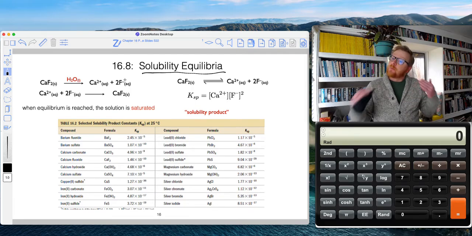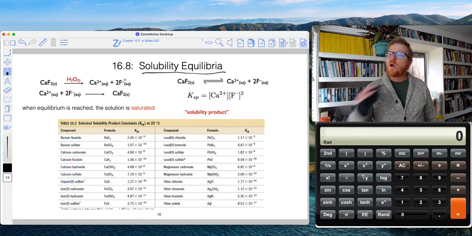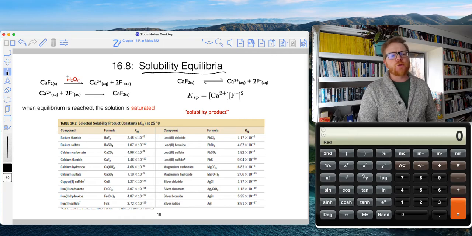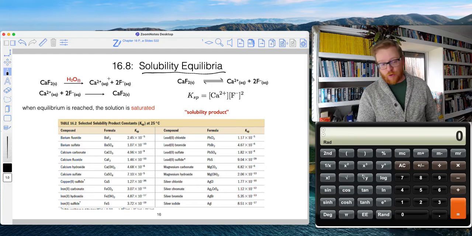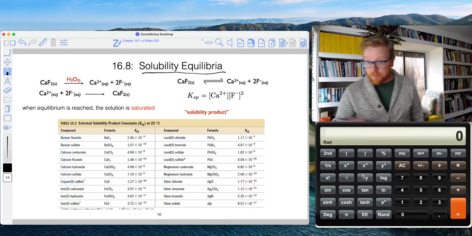Okay. But now we can put some quantitative numbers on that. We expect a precipitate to occur only when there's a certain concentration of calcium and fluoride. Okay. So for example, if we think of this as the solid dissolving into the two ions, then because this is equilibria, we recognize the two ions could reform the solid.